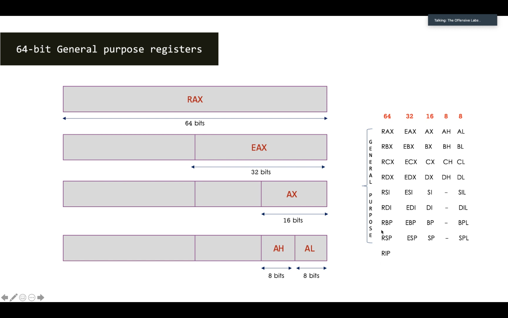Remember, we also need this Rbp register, the base pointer, which is going to act as a trampoline, because there are a few reasons you need to know about this Rbp register as well. You don't need to know a lot of details about it at this point, but when we try to get control of the Rip register in 64-bit exploit development, we will usually get control of Rbp first, and then we will try to achieve control of Rip.